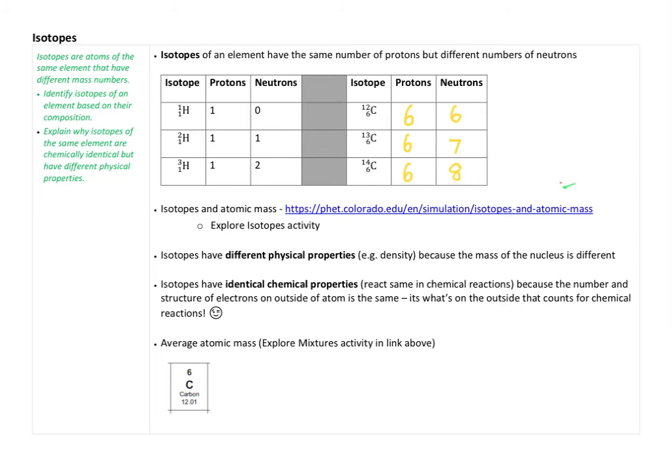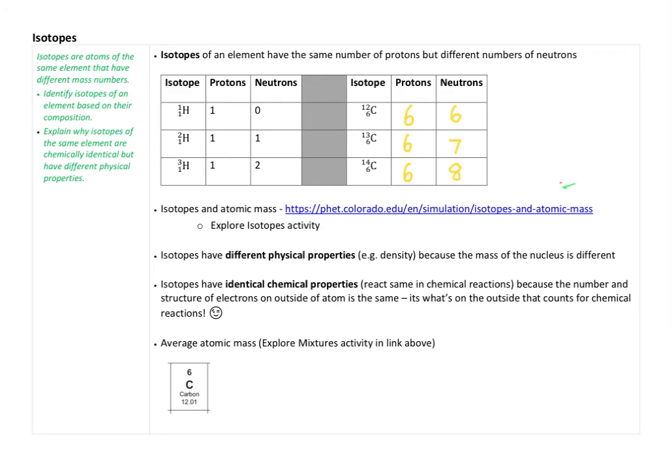If you're an atom reacting with other atoms, it's not really the nucleus that reacts, it's what's on the outside of the atoms. Atoms are very superficial. They're only interested in what's on the outside of things generally. So because the electron structure is the same, effectively they look the same to other atoms, so therefore they react in an identical way chemically.